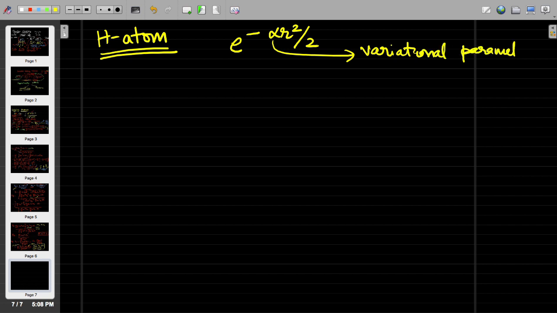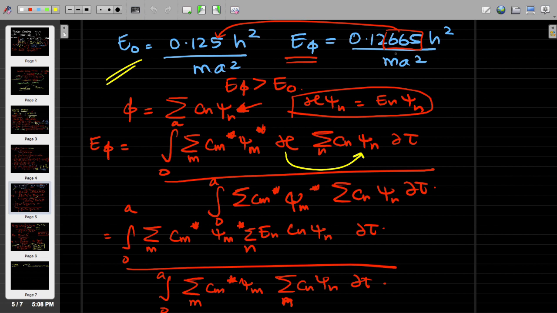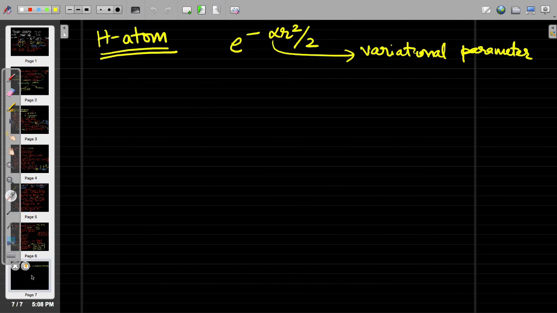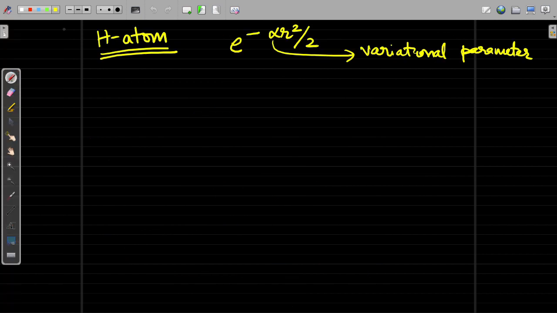This parameter will help us to go as close as possible to the ground state energy. In the previous example, you were able to see it was taking you really close to the ground state energy, but not exactly the same. So can we take it as close as possible? These types of variational parameters will help you achieve that.